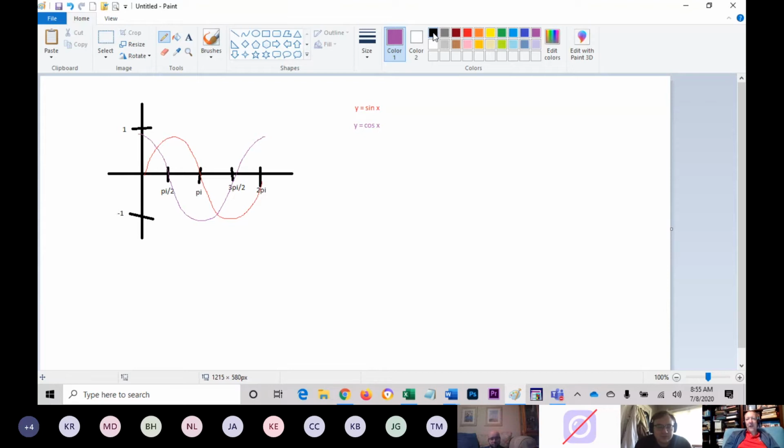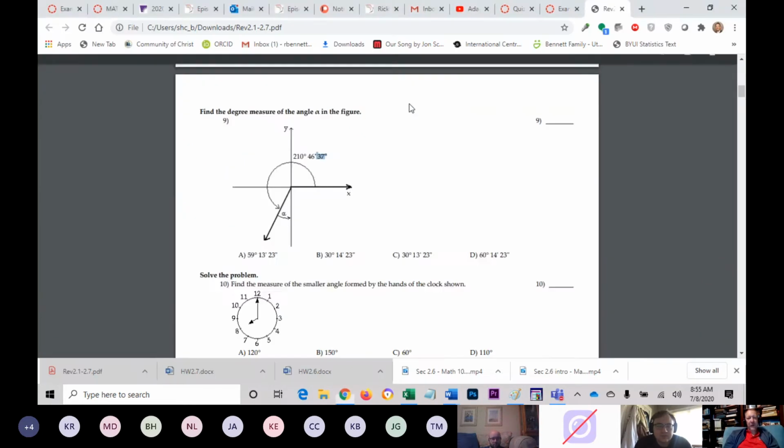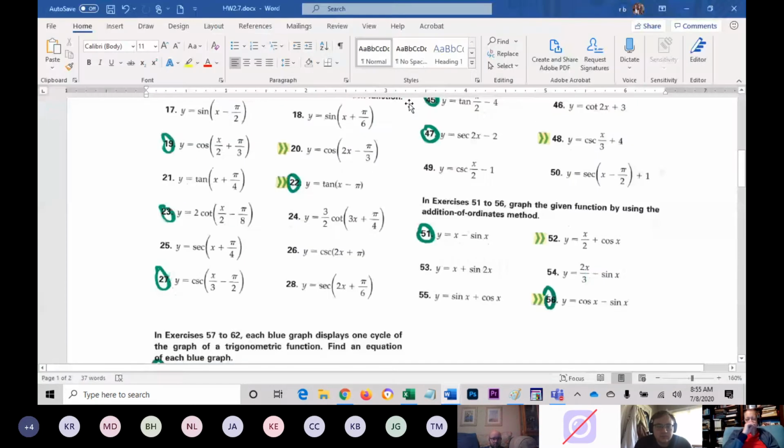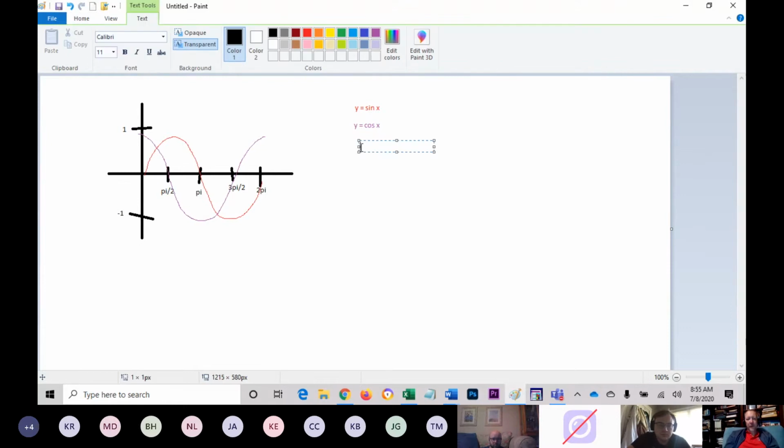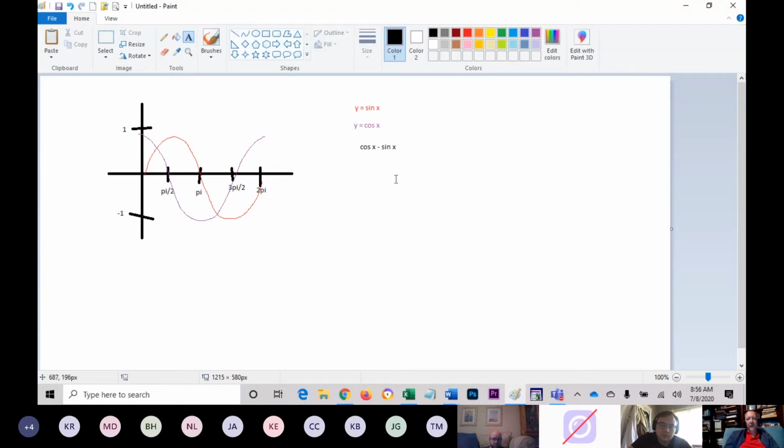Okay, so now in black, I'm trying to remember what the question said, because I forgot already. Cosine of x minus the sine of x. So we're doing the cosine of x minus the sine of x. Okay. So cosine, sorry, that's supposed to be through 1.